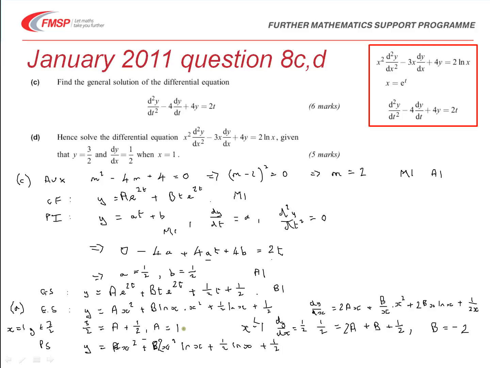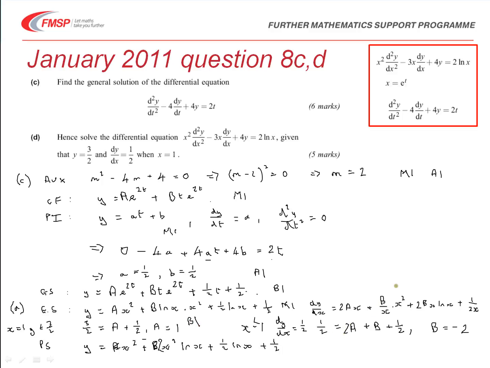And so, allocating marks, firstly again, for writing the correct general solution of y in terms of x, get a mark for that. Then for the substitution of obtaining this constant, you get 1 mark for that.